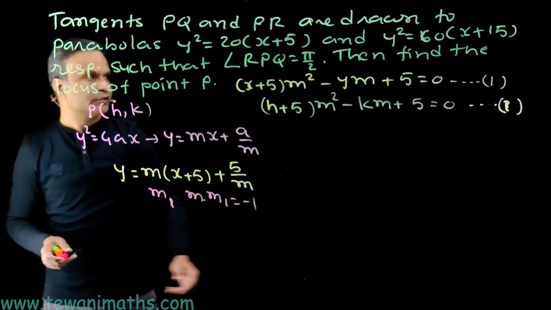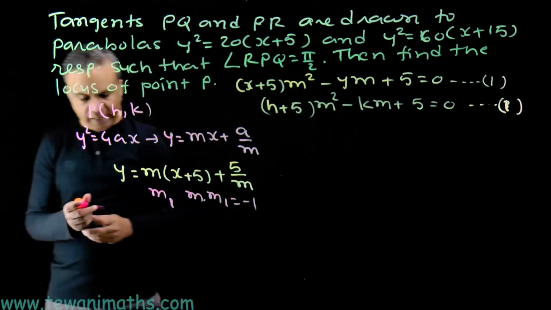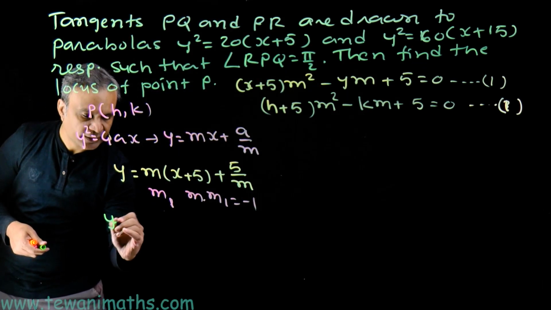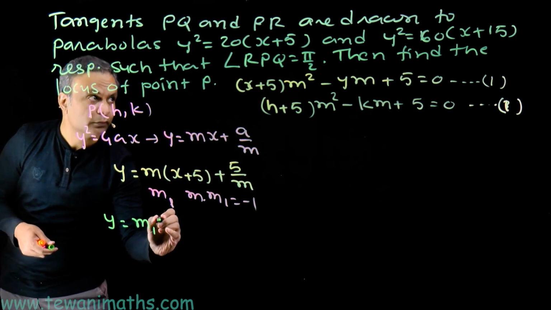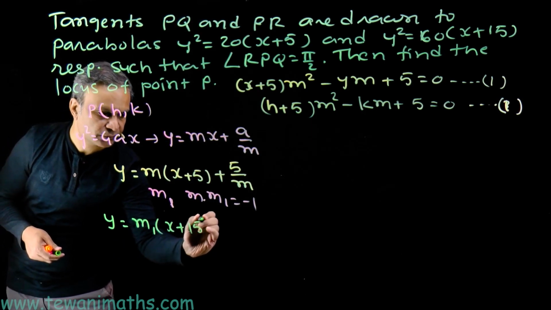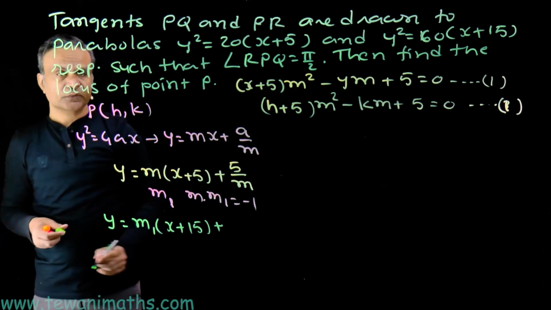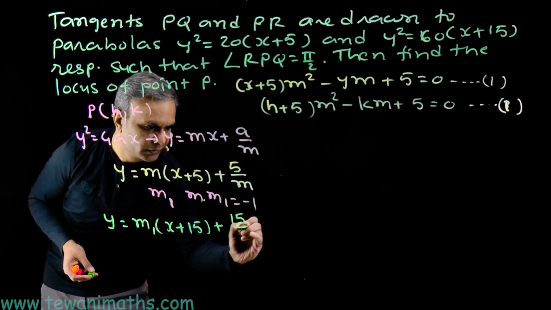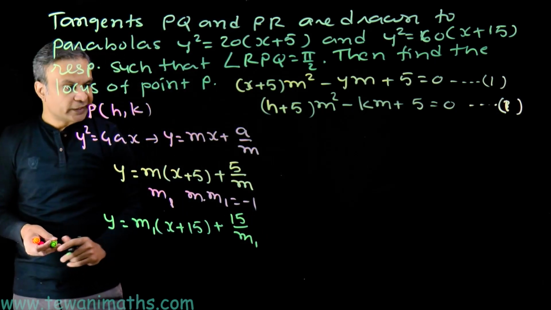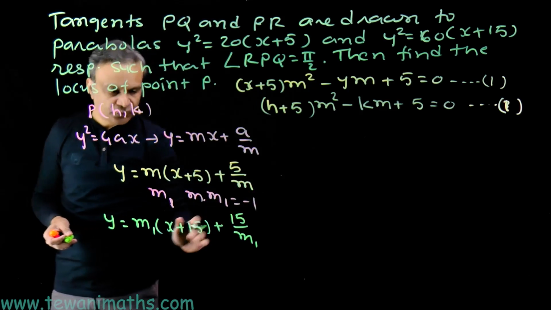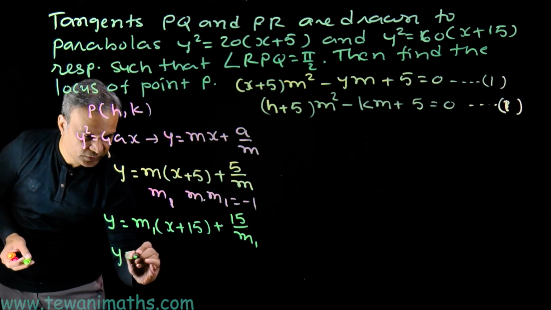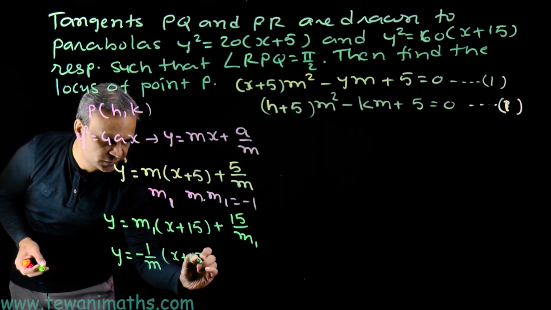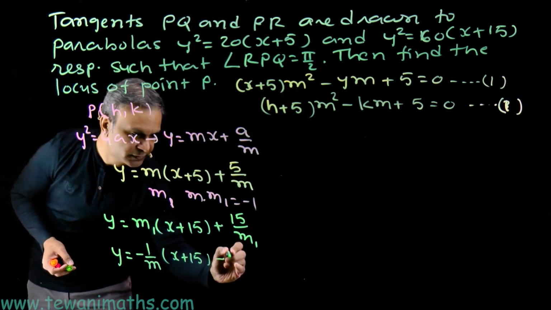Now the equation of tangent to this parabola having slope m1 will be y is equal to m1 multiplied by x plus 15 plus a upon m1. The value of a is 15, so we have 15 over m1, but m1 is -1 over m.